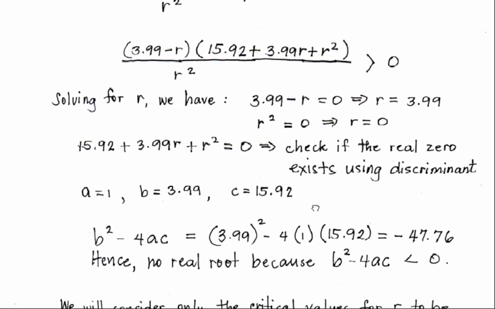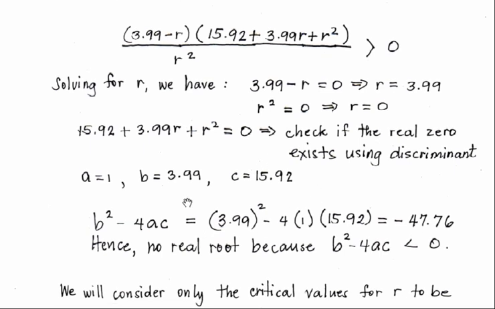And here is the other factor. It's a bit complicated, so let's first get the critical value for the denominator r squared. Set r squared to 0 to get the critical value. This r equals 0 will make the expression undefined.